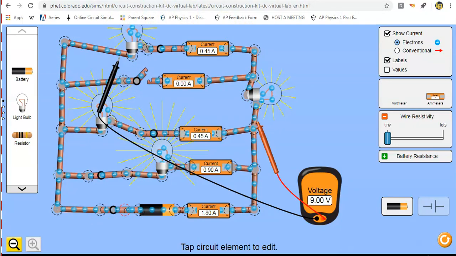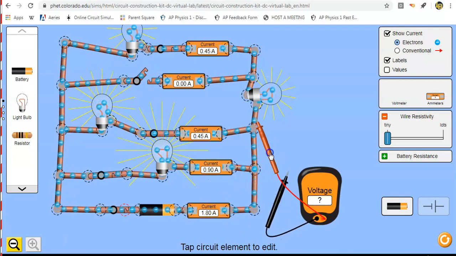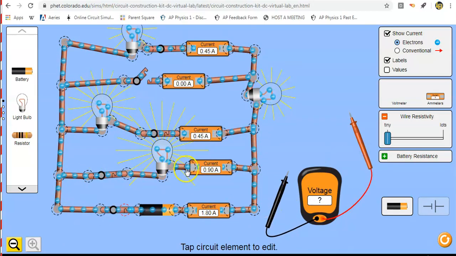Okay? And the last thing we'll review is what is current? It's really electrons moving, right? Conventional current pretends like it's positive charges that are moving the opposite direction. But what does this number mean? 1.8 amps means 1.8 coulombs of charge are flowing through this location in a second.